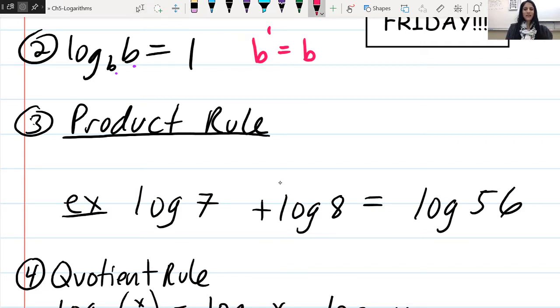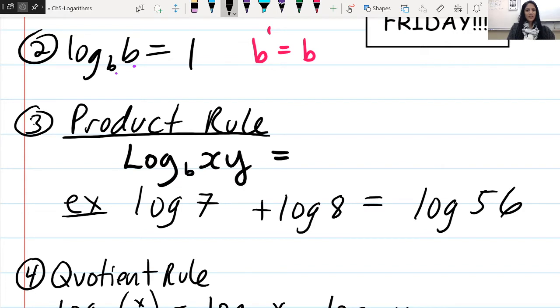So if we have log 7 plus log 8, we get log 56. I wanted to show you first with numbers so you could wrap your head around it. So if we want to write this as a rule, what does it look like as a rule? Log, it doesn't really matter, but maybe to keep it consistent, log base b of xy equals log b of x plus log b of y.